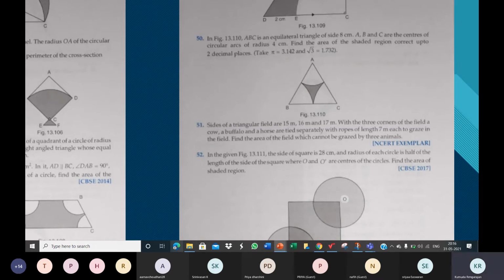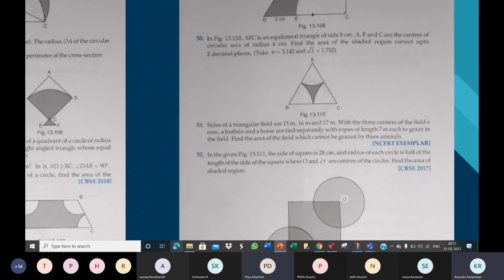Angle P by 360 into pi r square plus angle Q by 360 into pi r square plus angle R by 360 into pi r square plus angle S by 360 into pi r square.